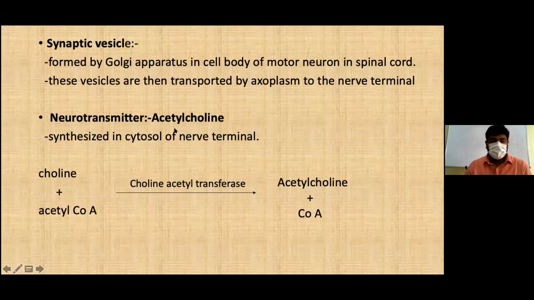It also contains acetylcholine, a neurotransmitter, which is synthesized in the cytosol of the nerve terminal. Acetylcholine is formed from choline, which is obtained from the extracellular environment, and acetyl-CoA, which is synthesized by mitochondria within the nerve terminal itself. Both these fuse to form acetylcholine with the help of an enzyme known as choline acetyltransferase.